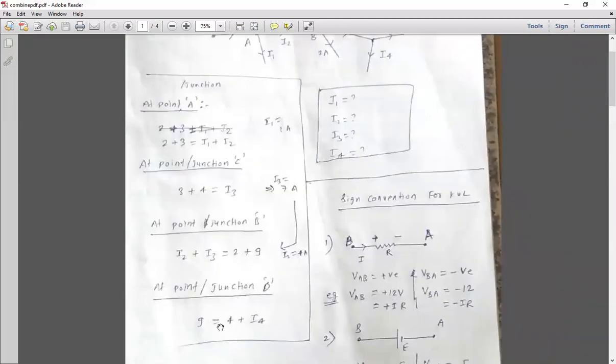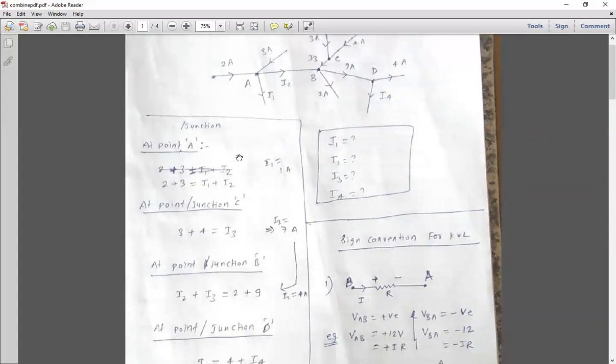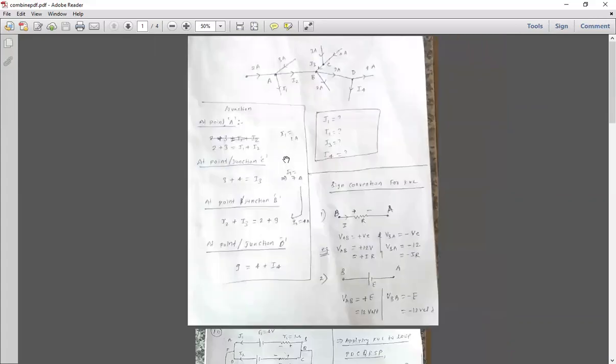So 9 is equal to 4 plus I4. This will directly give I4. In this way, we have found all four currents. This is just a question based on Kirchhoff's first law. I hope you have understood. Let's see the whole solution.